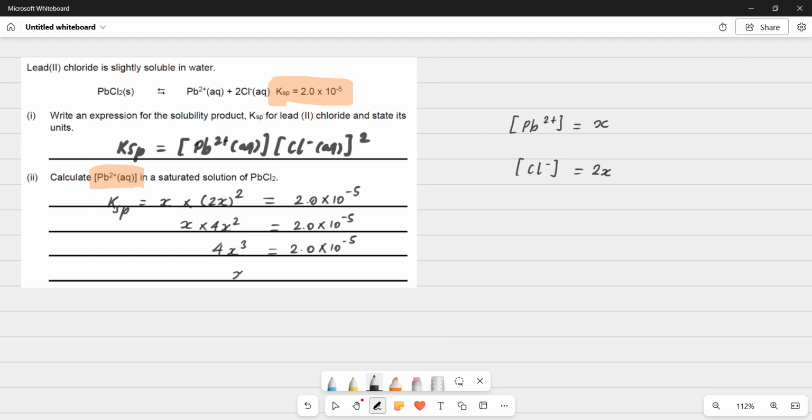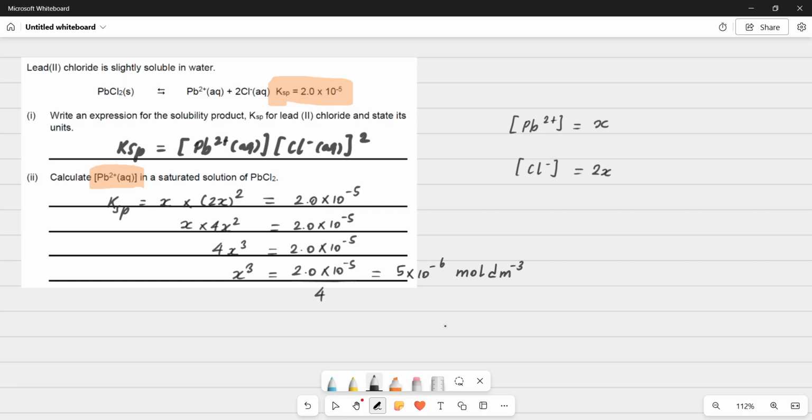So x³ is equal to 2.0 × 10^-5 divided by 4, which is equal to 0.5, that is 5 × 10^-6 mol dm^-3.